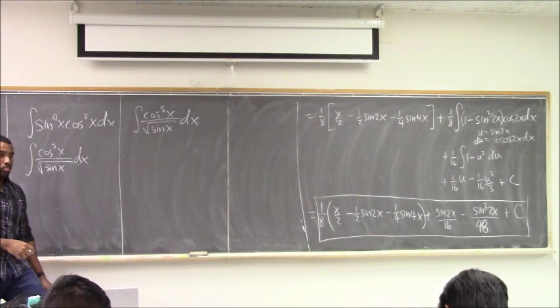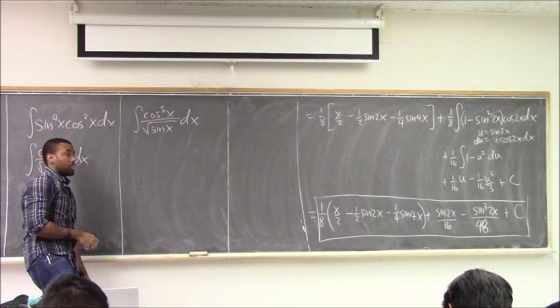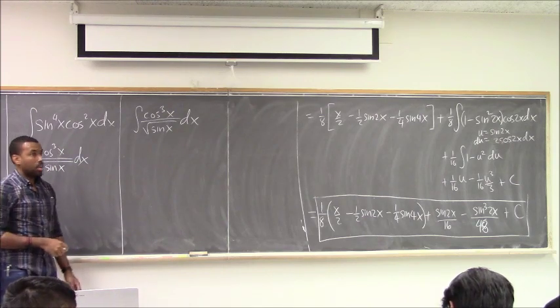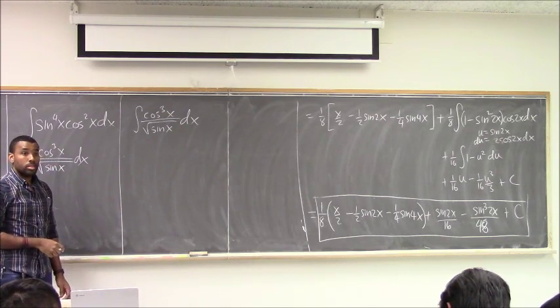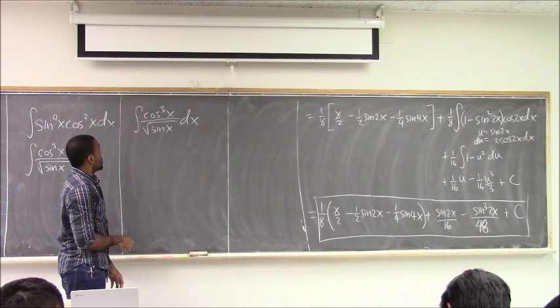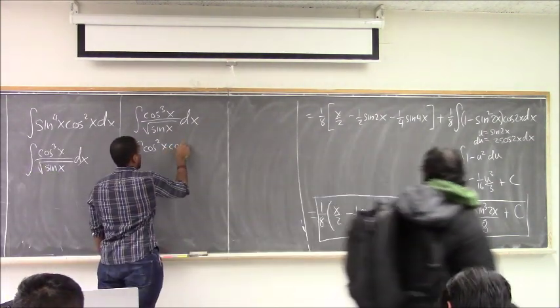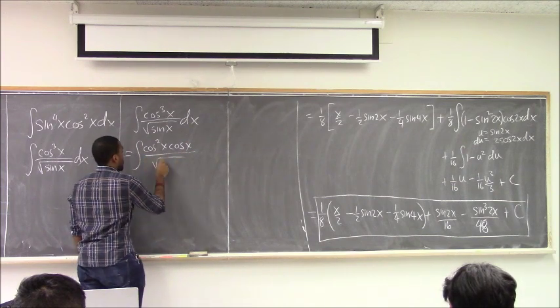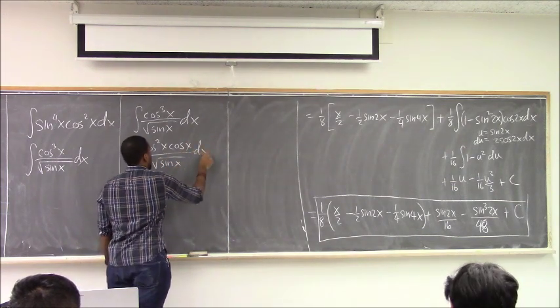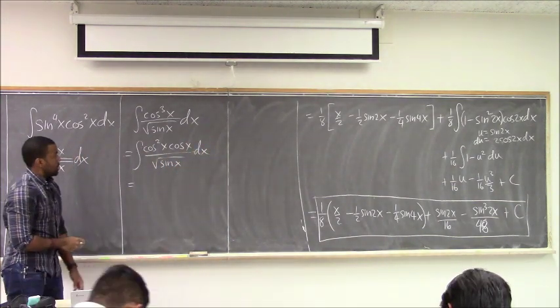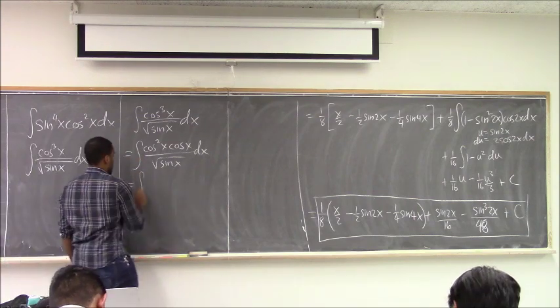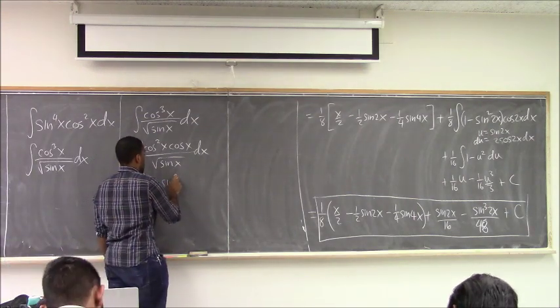What do you want to do here? So you can get cosine 2x times cosine x. Okay. And you can change the cosine 2x to 1 minus sine squared x, times cosine x.